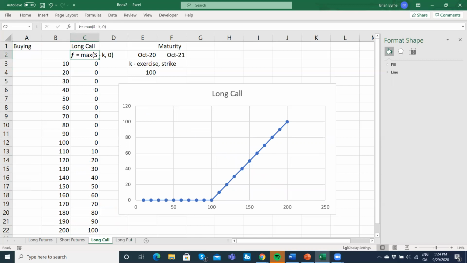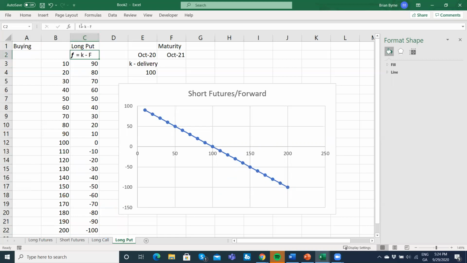Previously the payoff here, maybe we could have referred to this as being C. In this instance with the long put option, we'll refer to it as being P, put. And what the put option offers is it gives you the right to sell at some agreed predetermined price, which we refer to as the exercise. If it's not advantageous to sell at that price, then you can walk away. So it really is an option. And again, we're going with these values of 100 for the exercise.